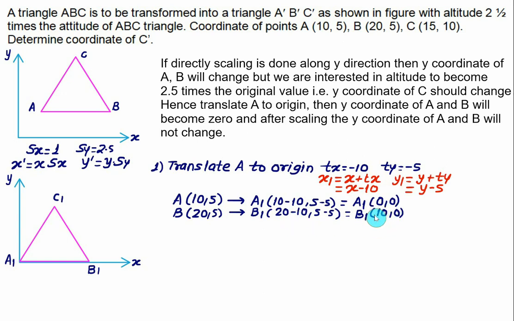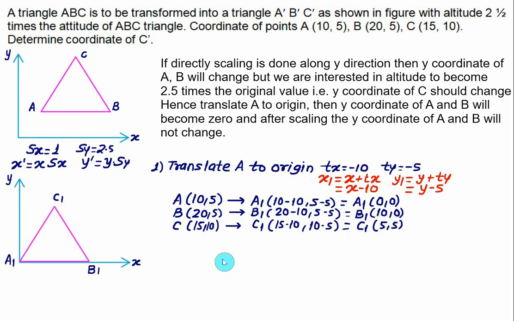What we observed here is that the AB distance and the A1 B1 distance remain the same. The coordinate of C is 15, 10. It will become C1, 15 minus 10, 10 minus 5, so C1 is 5, 5.